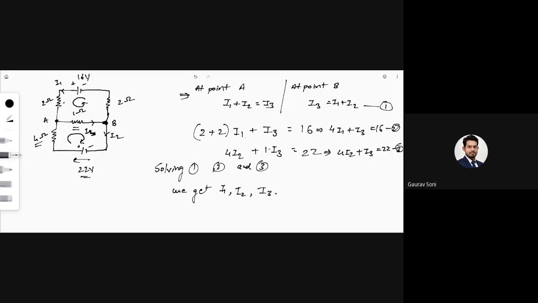If you have done this kind of examples, then you must be knowing that there is another way of solving, that this I3 value I can substitute in one of the equations and I can solve it. That is also one of the ways. But if I want to solve it through linear equations, this is how we do it. If anyone is not clear with the laws that I have used, still you can ask and I will repeat those laws.